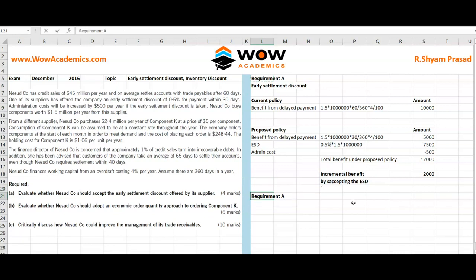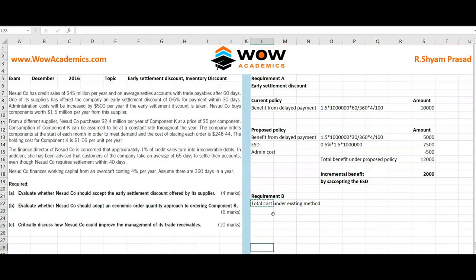So requirement B works like this. So the B is an EOQ sum. So first we have to find out the total cost under the existing method.